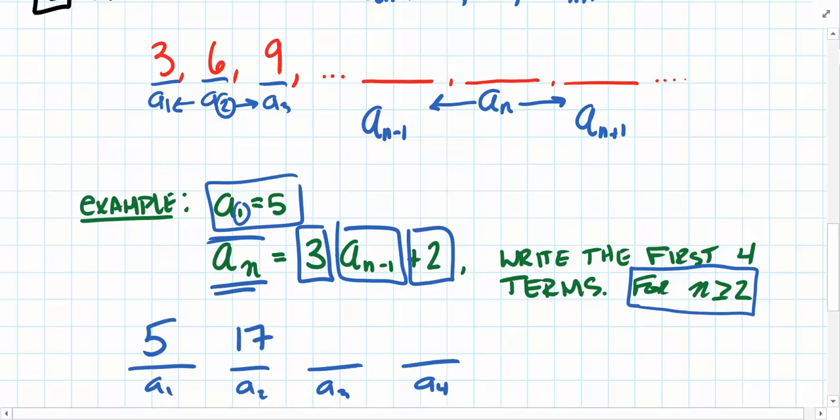To get the next term, I go 3 times the previous term, 17, and then add 2. So 3 times 17 plus 2 is 53. How do I get the 4th term? I go 3 times 53, and then I add 2. I should end up with 161. Make sure you check my math. So that's a recursively defined sequence.